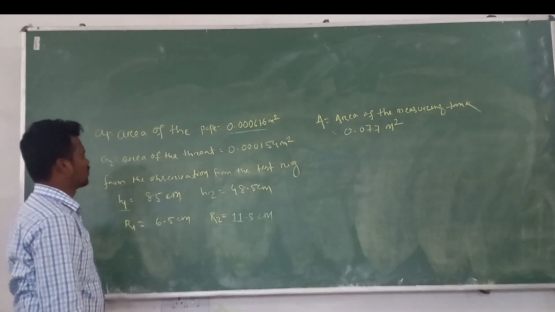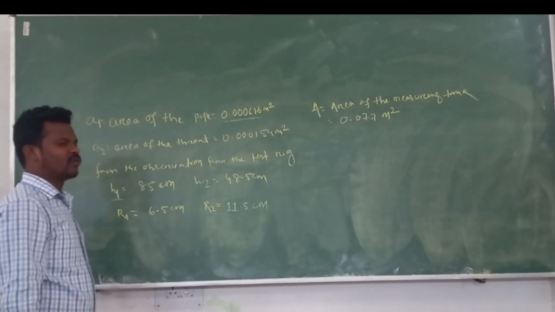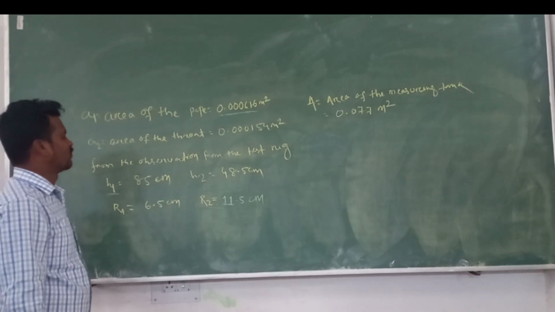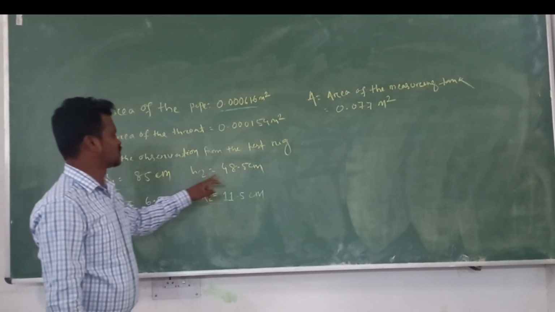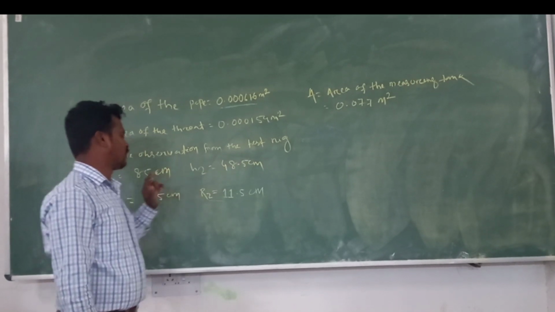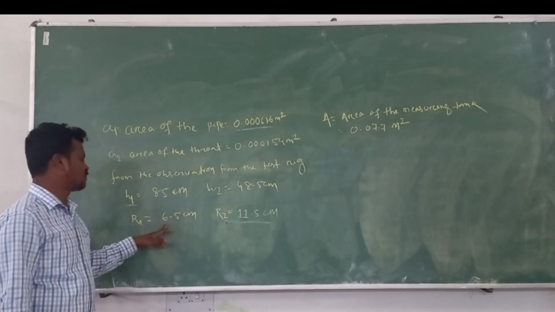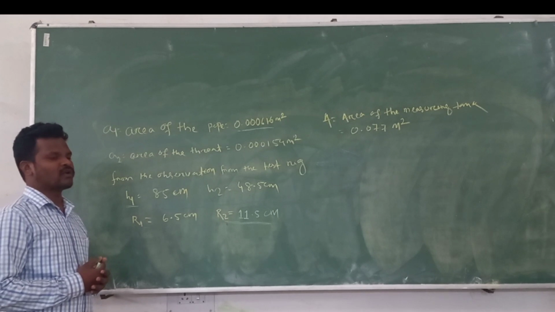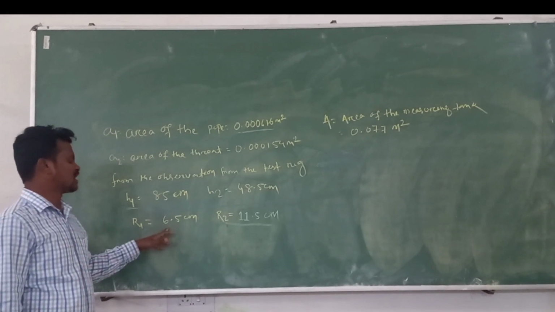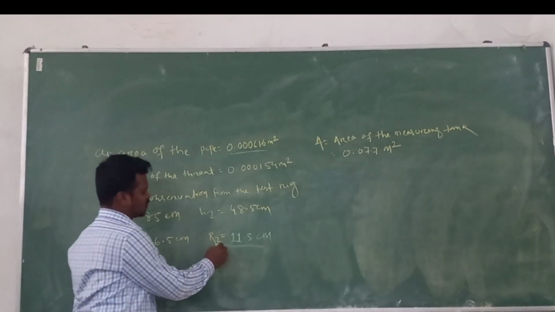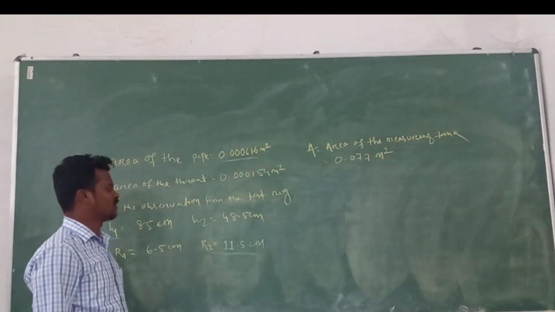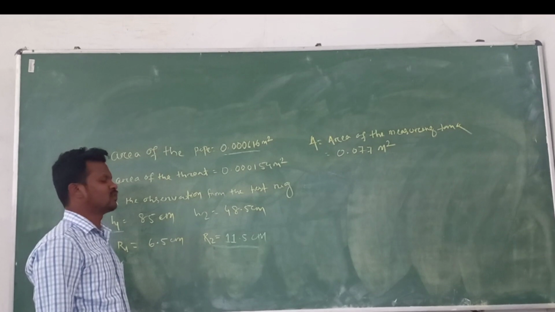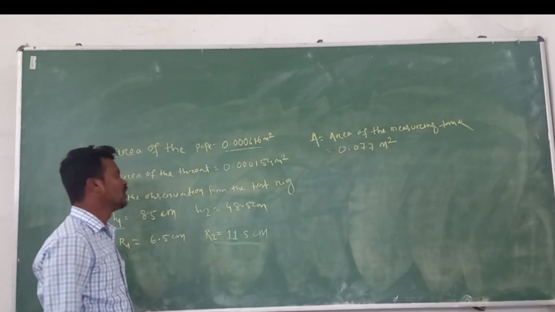And from the observation we have found the value of H1 and H2: H1 is equal to 85 centimeter and H2 is equal to 48.5 centimeter. 6.5 centimeter is the value of the water column in the measuring tank before starting the experiment, and after is the value of the water column in the measuring tank, 11.5 centimeter, which is the value after running the flow in the measuring tank for 10 seconds.